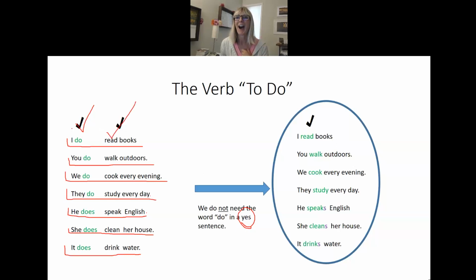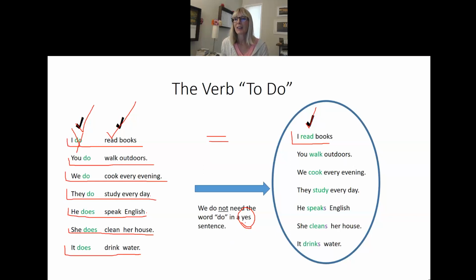Yes. I can take out the do and my sentence, I read books, it's short, it's easy peasy, and it means the same thing.